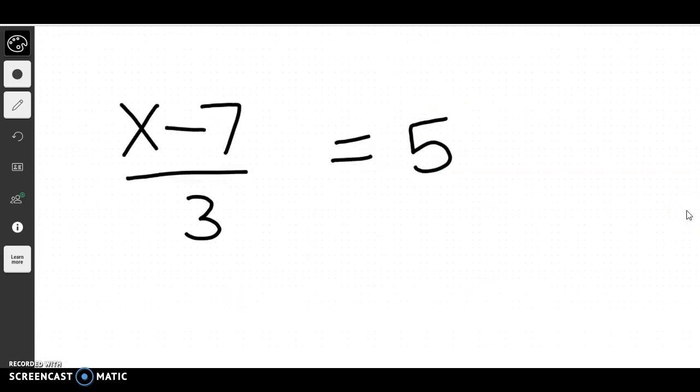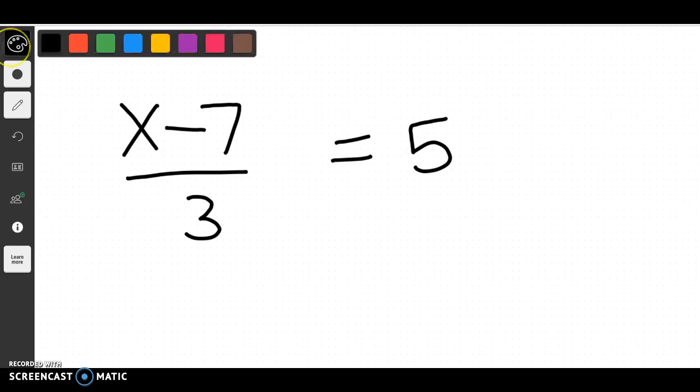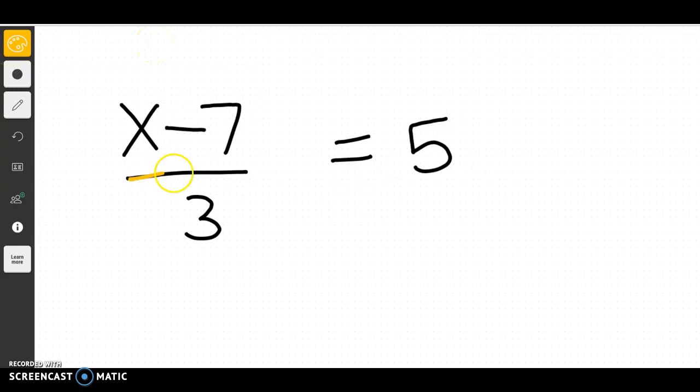This two-step is a little bit trickier because of this right here. See how the division sign doesn't just go over the x? It actually goes over both the x and the -7. Because of that, it's like they wrote it with imaginary parentheses around x minus 7.